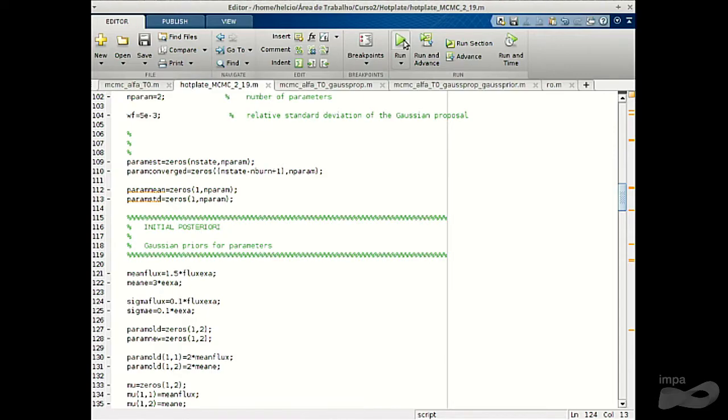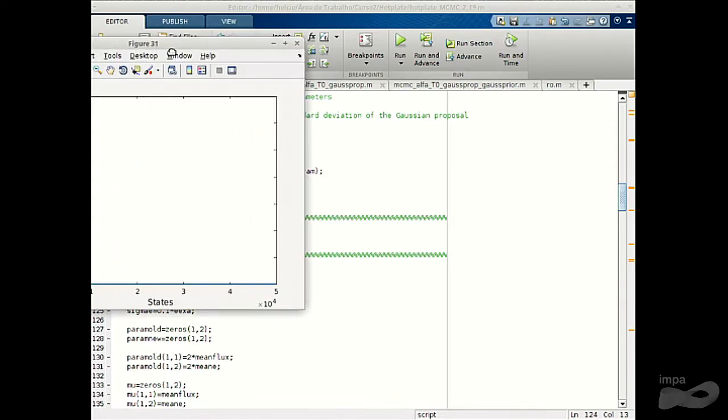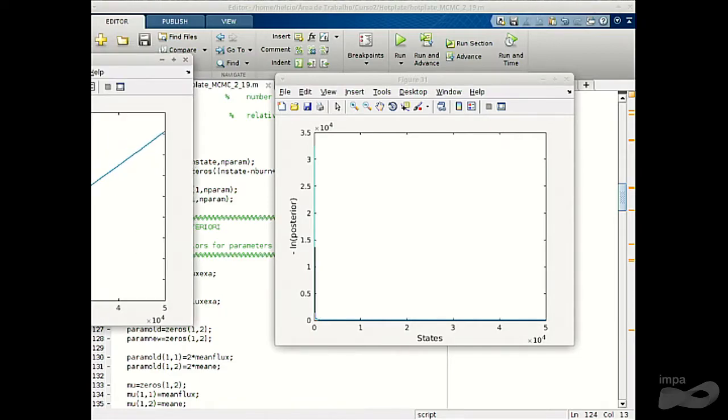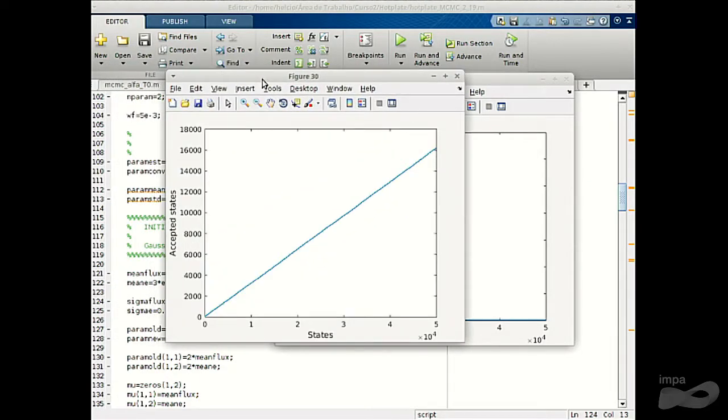Okay, our posterior, wow, very nice posterior, right? It converged somewhere. Accepted states. Not bad, okay?